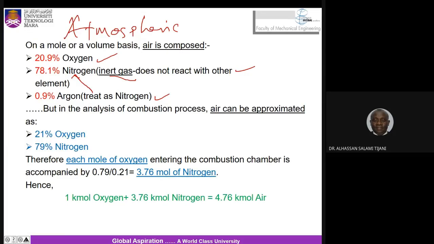So in atmospheric air, we have these three components present, but only oxygen participates in the chemical reaction. Therefore, we combine these 2 components, which are inert gases. When you sum 78.1 plus 0.9, you get 79.